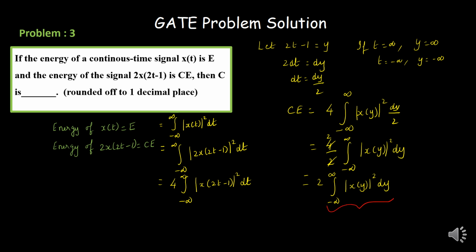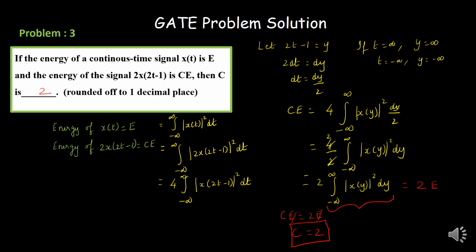This equation is nothing but an energy equation. So 2 into E. So therefore CE equal to 2E. Therefore the constant C equal to 2. The answer is 2. So for this problem, answer is 2.